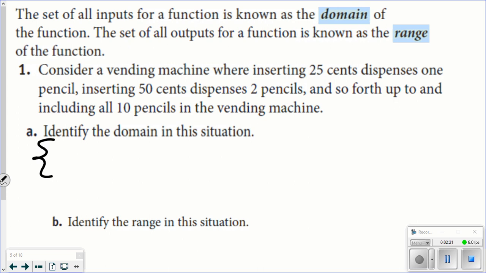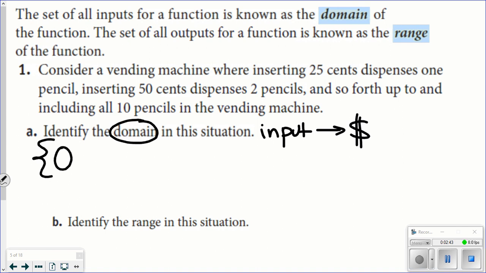Now, if I don't need a pencil, if I come prepared, I don't have to put any money into the machine. Our domain, remember, is our input. What are we putting in? Money, quarters. So, if I don't need any pencils, I don't have to put in any money.